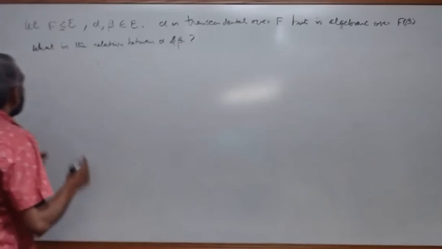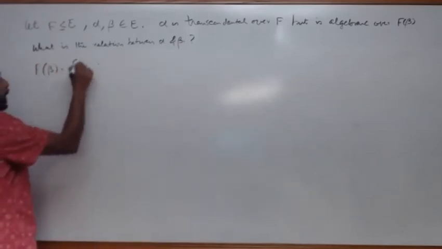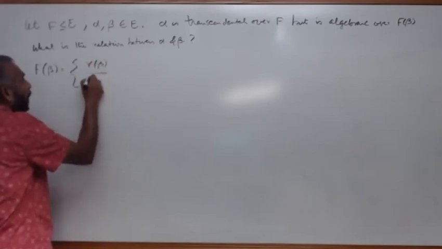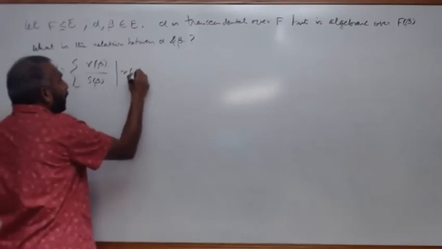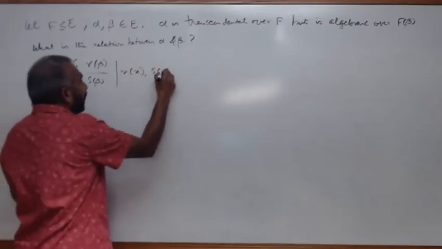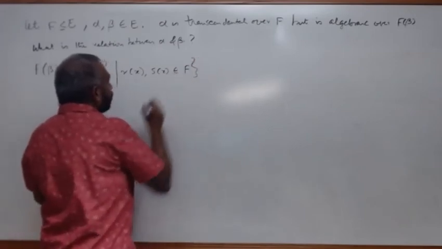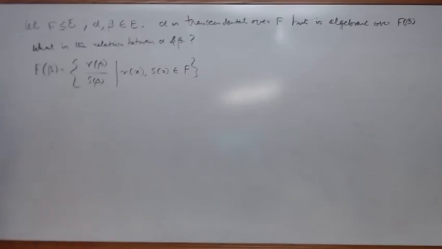So F of beta, we know that F of beta can be written like this: r of beta by s of beta, where r of x, s of x belongs to F. We just now saw that either it is transcendental or algebraic. So any element from here can be written like this.